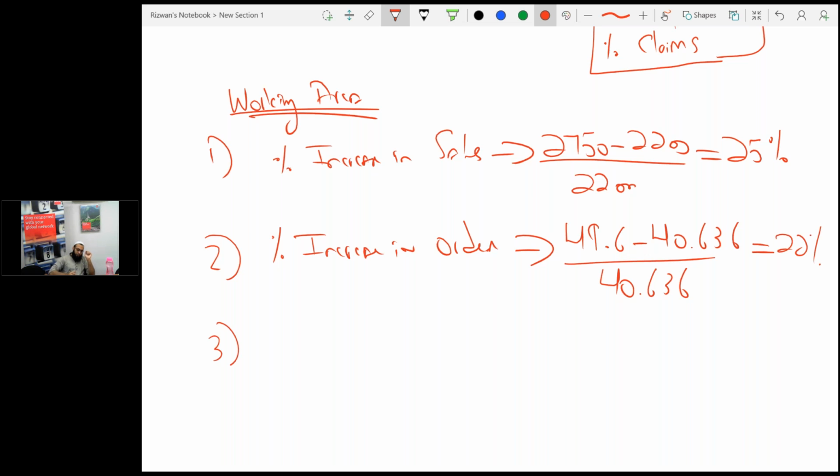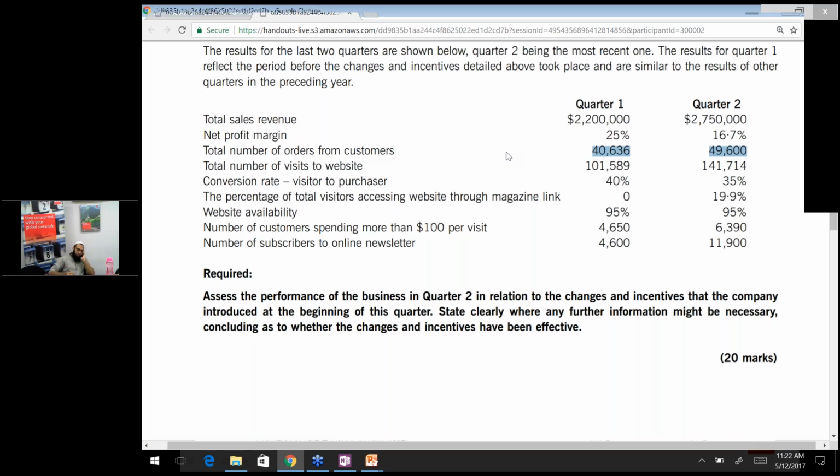Then what else can I work out? I'm just telling you the selection of the ratios. Total number of visits to website. What can I work out? Percentage increase in website hits. Try to calculate something in ratio.